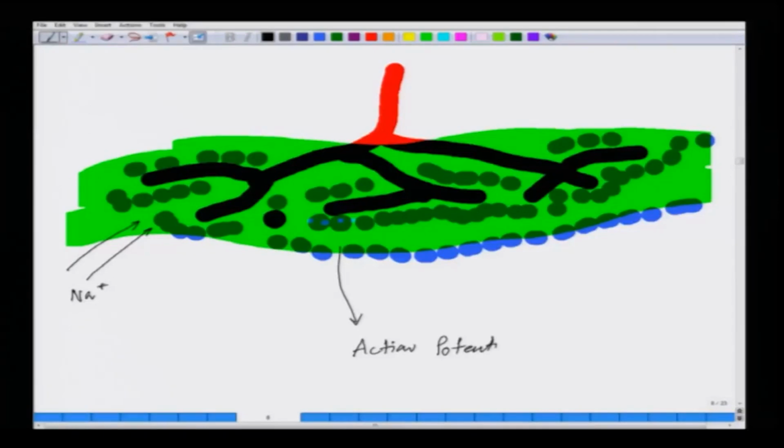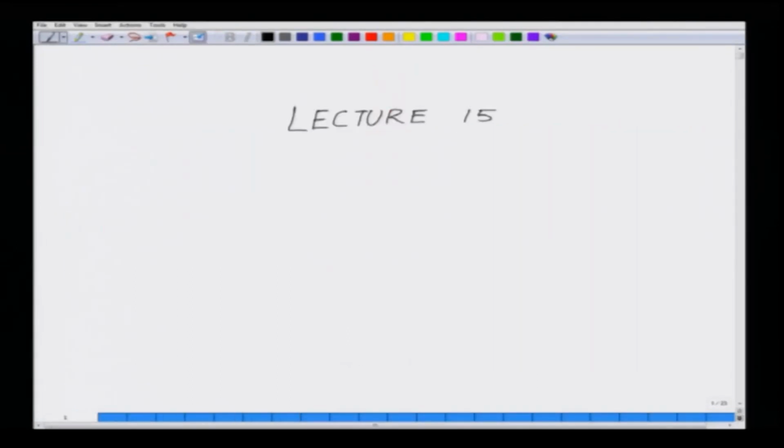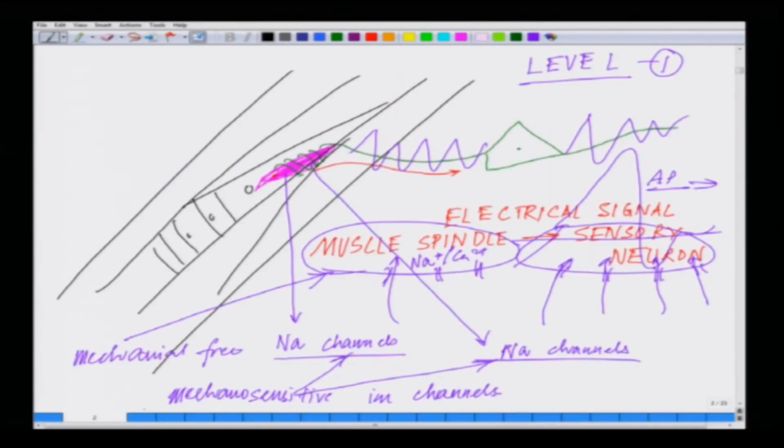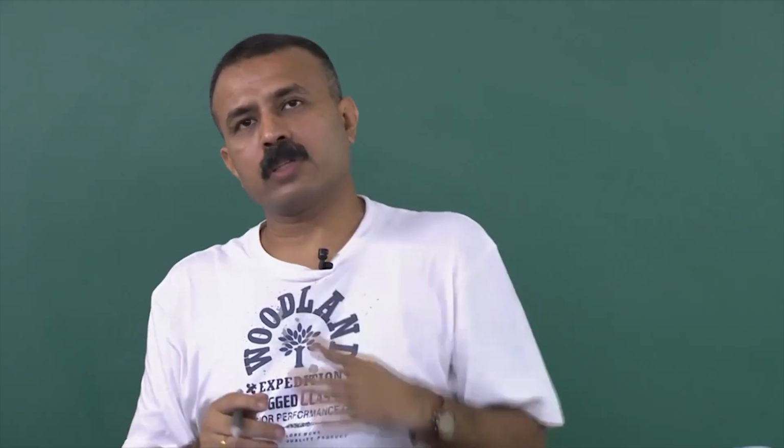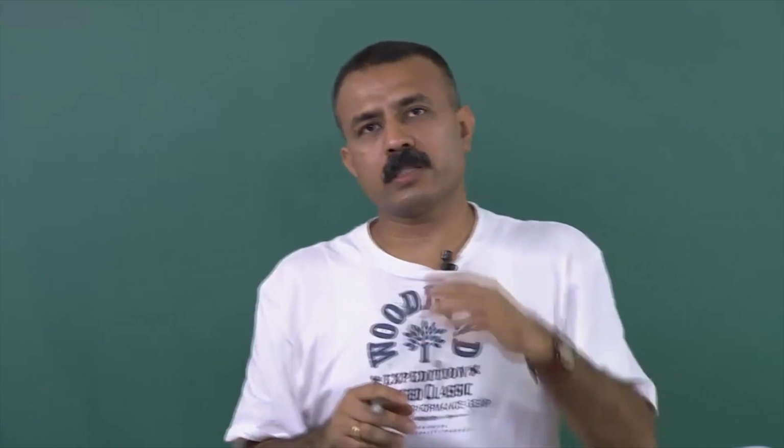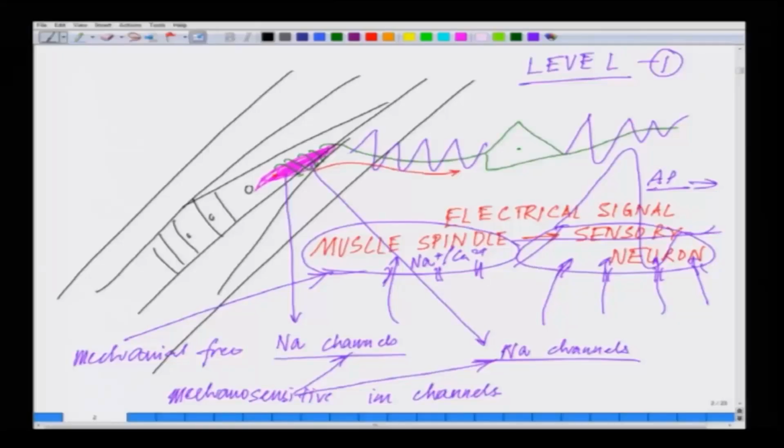So, if we have to put it in perspective, think of what all happened. Let us go back to the first slide where we started. This is how the circuit looks. From the muscle spindle, because of the presence of mechanosensitive ion channels, the muscle spindle stretches, and this mechanical signal is translated into an electrical signal.